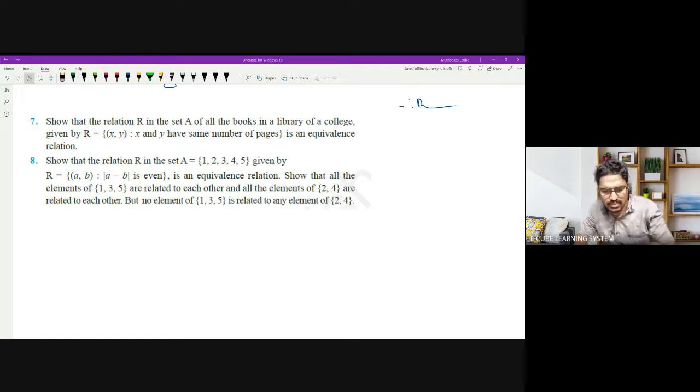What are you writing now? Why are you writing the question and then looking inside it? What's the purpose of writing the question? Do you have a textbook? Open the textbook. No need to write the question. Exercise 1.1, page number 6.